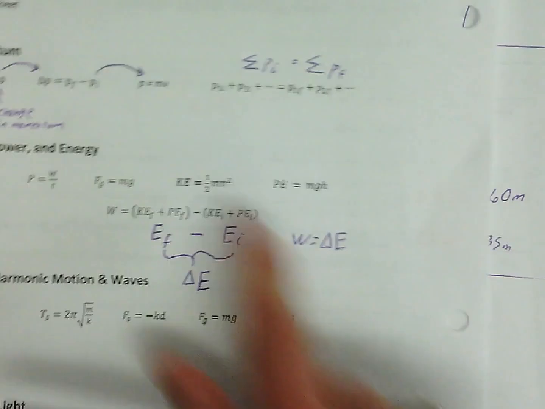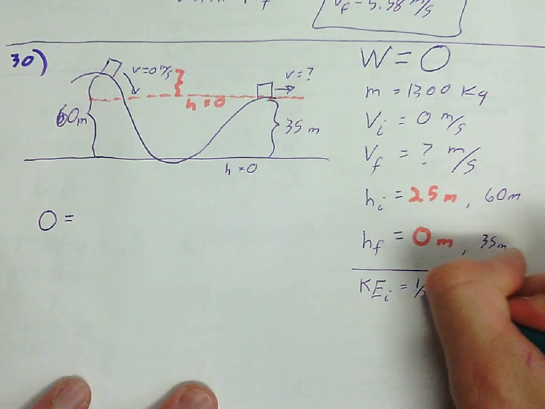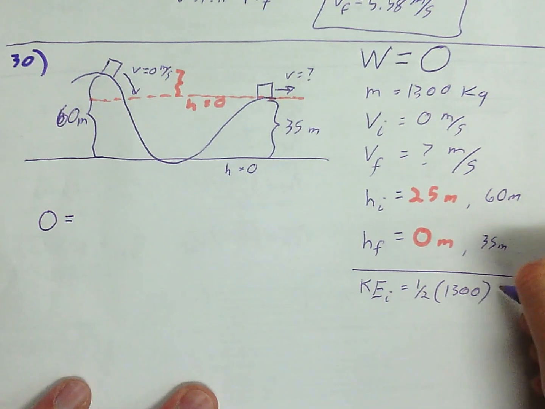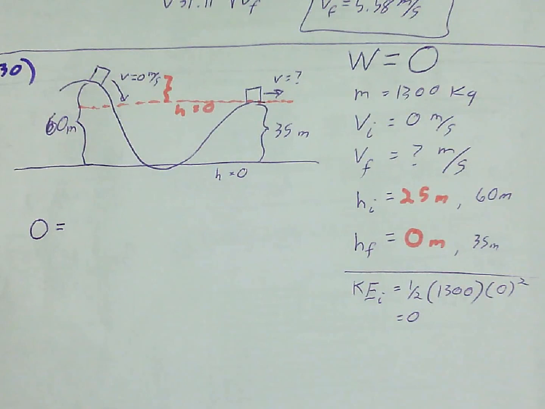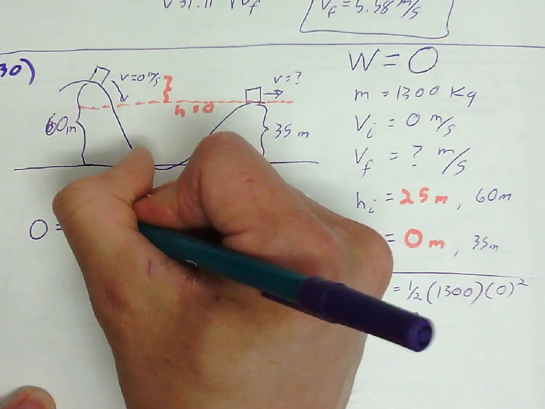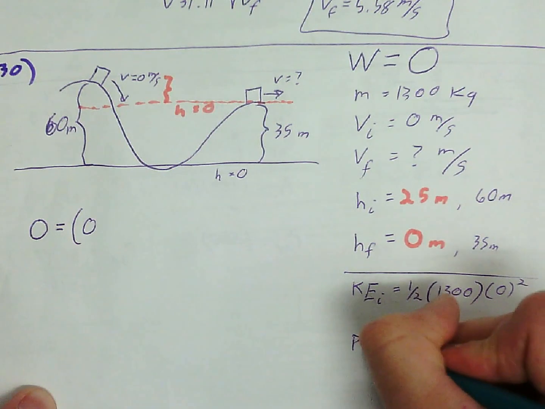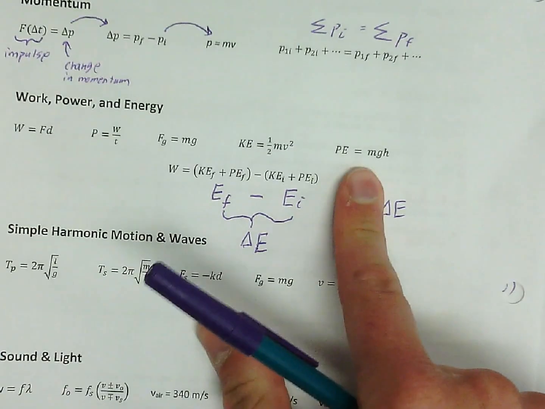Kinetic energy is 1/2 mv squared, so 1/2 mass times initial velocity squared, which is just 0. Now I need my PE initial. PE is mgh.